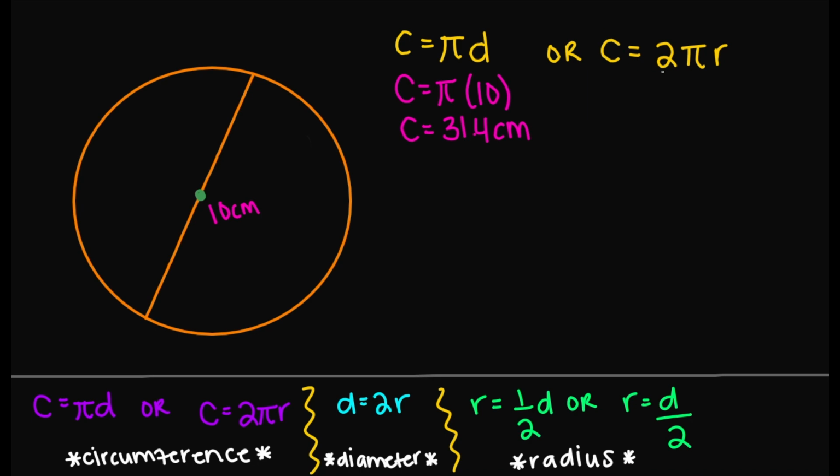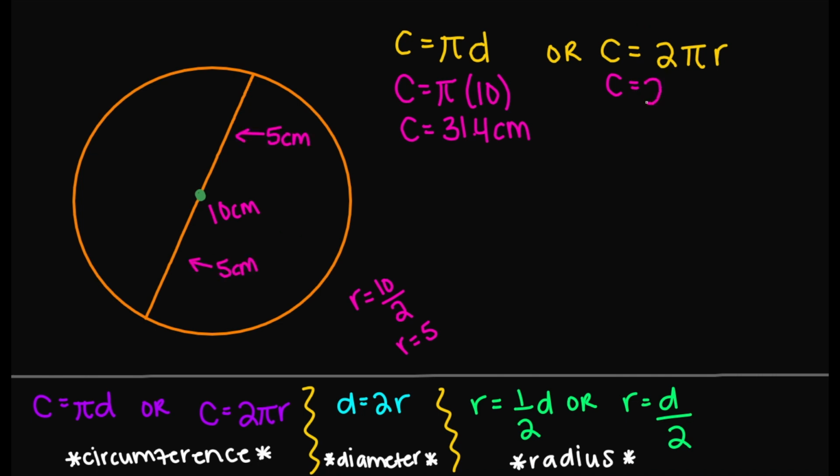Now, if you wanted to use this formula here, 2 pi r, what is my radius if my diameter is 10? So I'm going to do r equals my diameter, 10, divided by 2, which is going to equal 5. So my diameter is 10, my radius is 5.